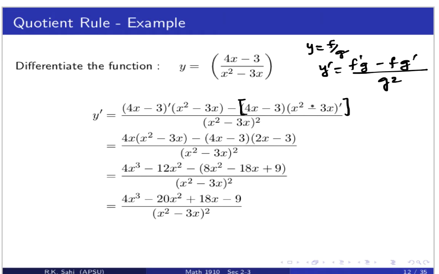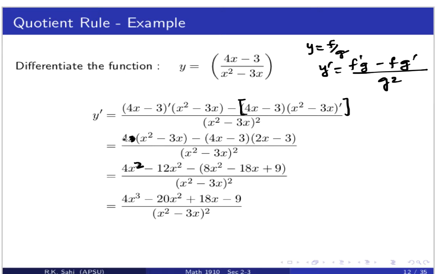Now we're going to do the derivatives. So 4x minus 3, I can see there's a typo over here, the derivative is 4. So there is a little typo. Then for x squared minus 3x, the derivative is 2x minus 3.